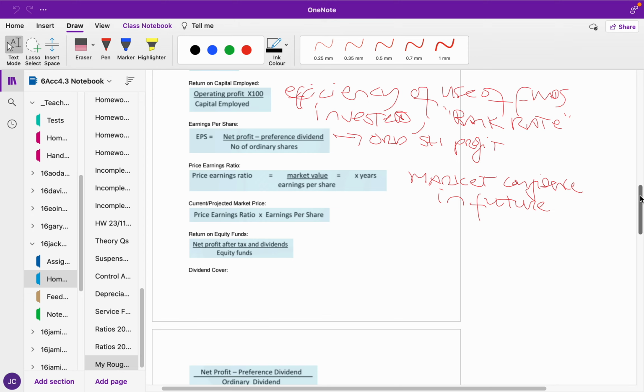Now, return on equity funds. This is how much money is made only from the ordinary shareholders. So I think the formula you have here would be ordinary share profit divided by equity funds, which is ordinary shareholders' money.